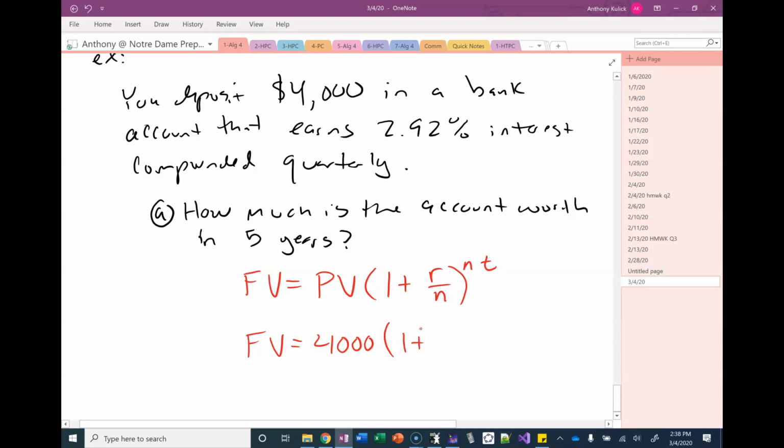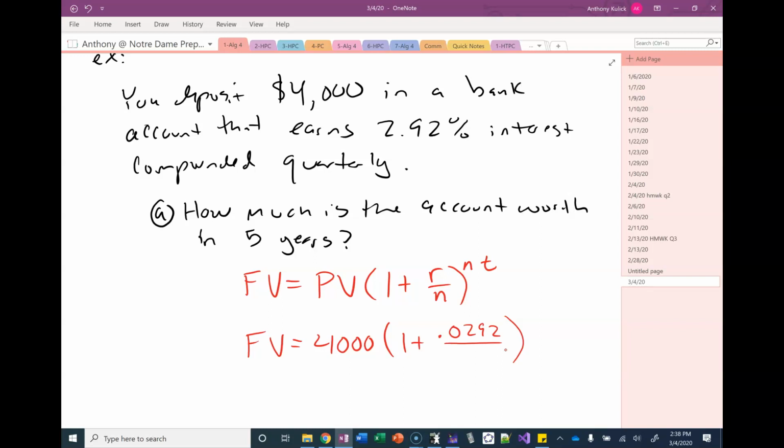What is R? Interest rate as a decimal. So in this case, it would be not 0.29, 0.0292. Right? What is N? Number of compounds per year. So what is N in this case?